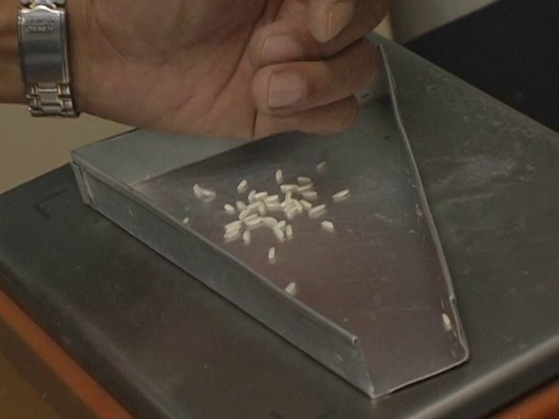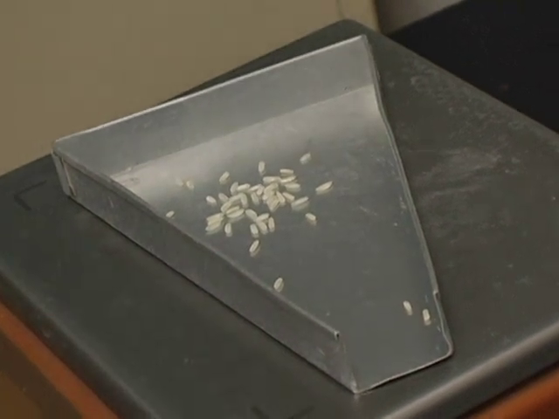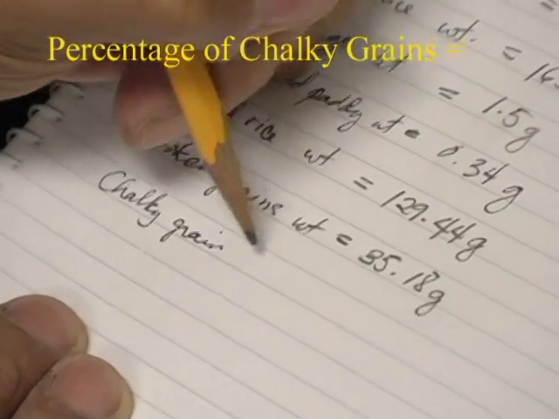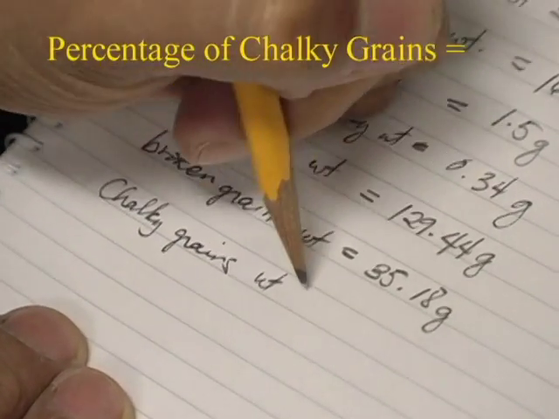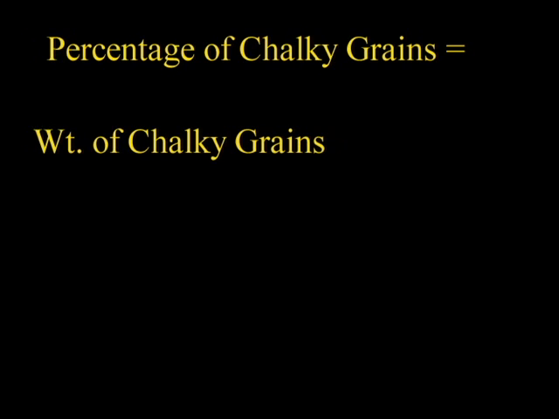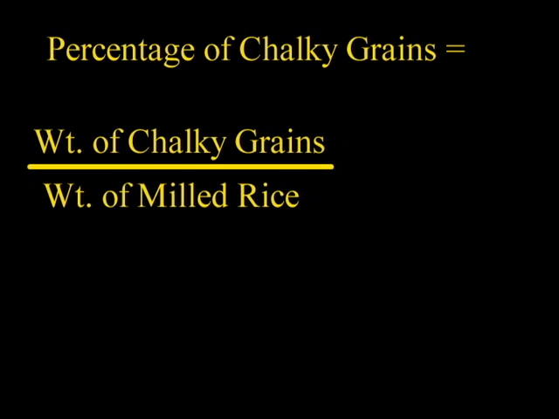First, select, segregate, and weigh the chalky grains to SES Scale 9. Then, determine the percentage of chalky grain using the following equation. The weight of chalky grains divided by the weight of milled rice and then multiplied by 100.